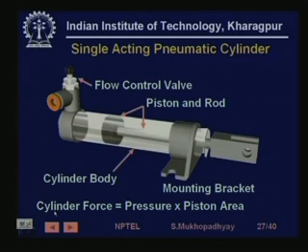So, this is the cylinder body. You can see the piston and the rod which gets connected to the load. As we have said, you can put a flow control valve here, sometimes you can put a quick exhaust valve here. So, this is a normal pneumatic cylinder.